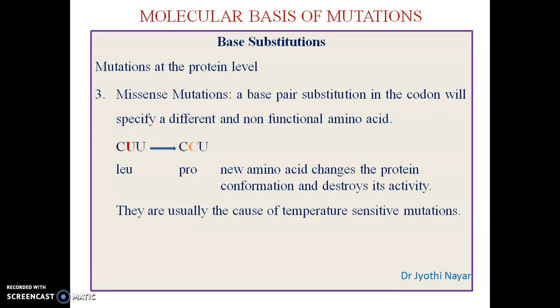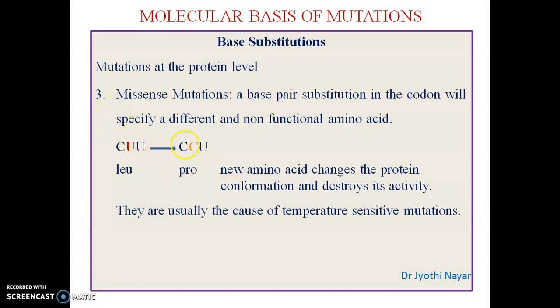The third type of mutation at the protein level is the missense mutation, where a base pair substitution in the codon will result in a totally different, non-functional amino acid. The example we can see is CUU, which codes for leucine, and CCU, which codes for proline. Both are different amino acids.